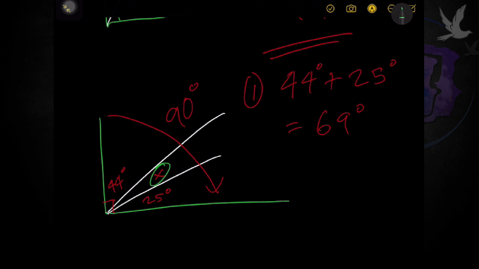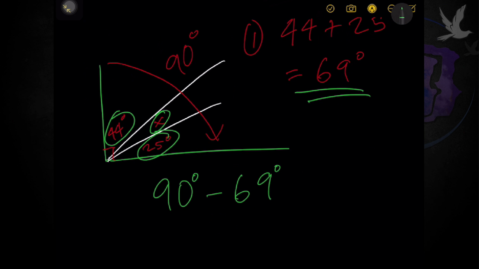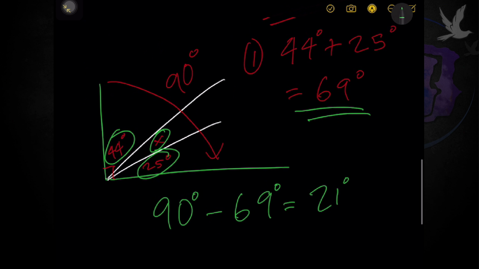Knowing that it's 90, all you have to do is remove these two angles, which in this case is 69, from 90. Okay? 90 degrees minus 69 will give us 21 degrees. Okay? Ganun lang. Regardless of how many angles there are, that's all that you have to do.